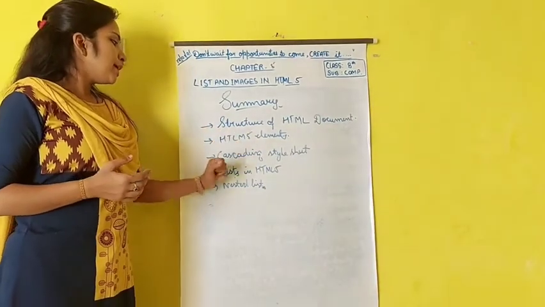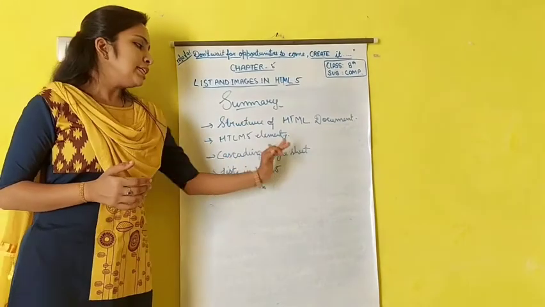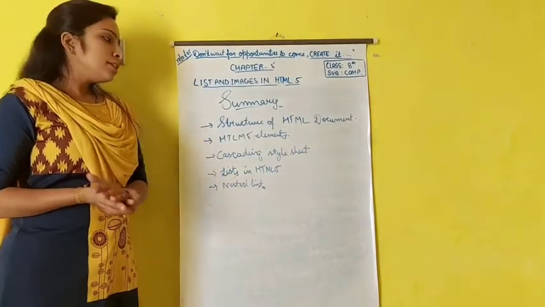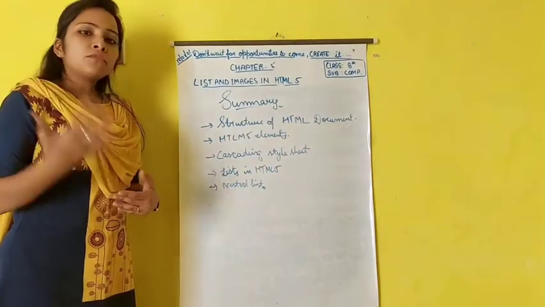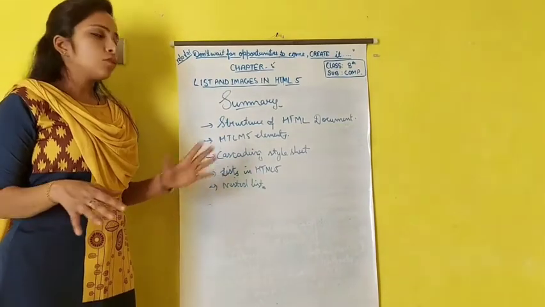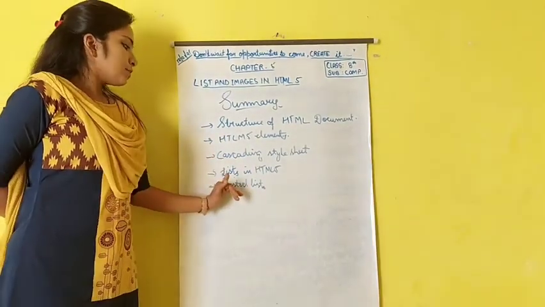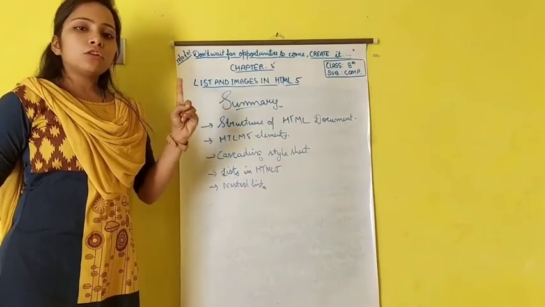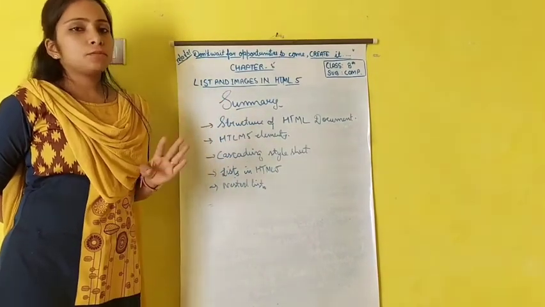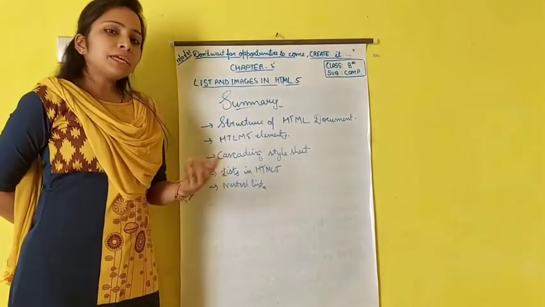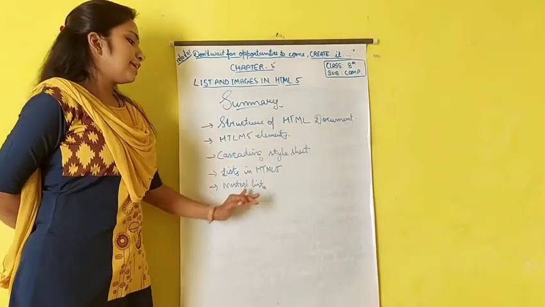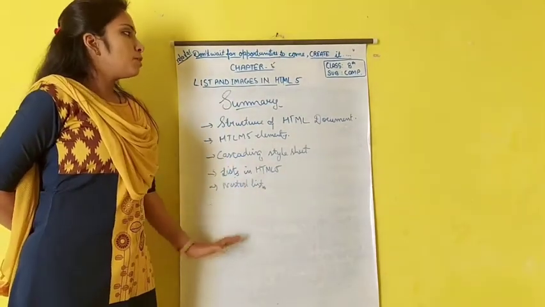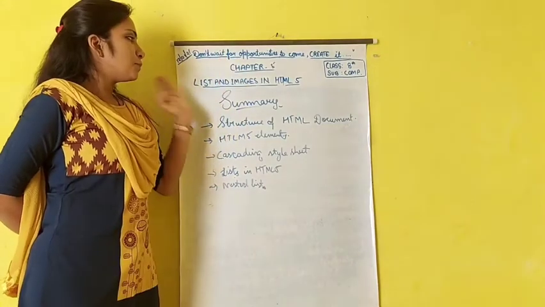Then today we studied about cascading style sheets. Under that, about images, about the font size, font style, background, all those things we studied. Then list, we have studied 3 types of list: unordered, ordered and description list. And a separate type of list, which is nested list. So that's all about this chapter. Finally, this 5th chapter is complete.